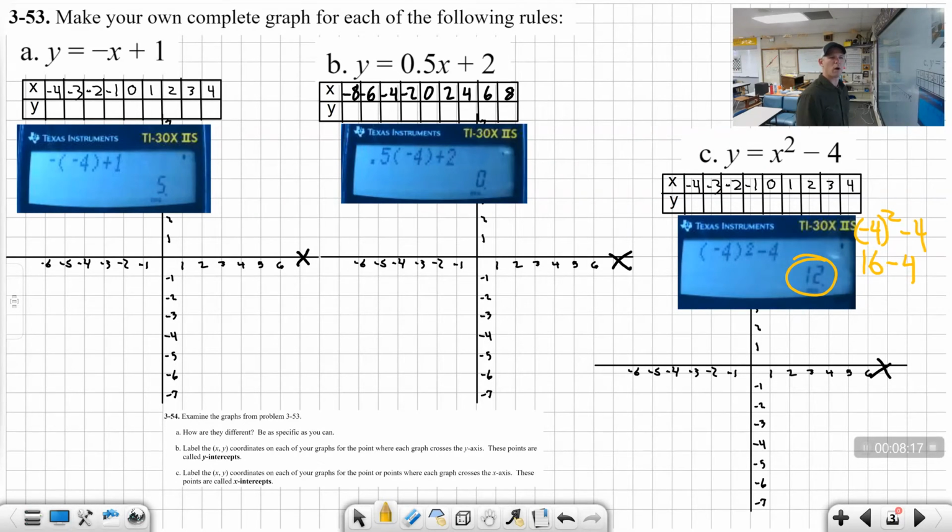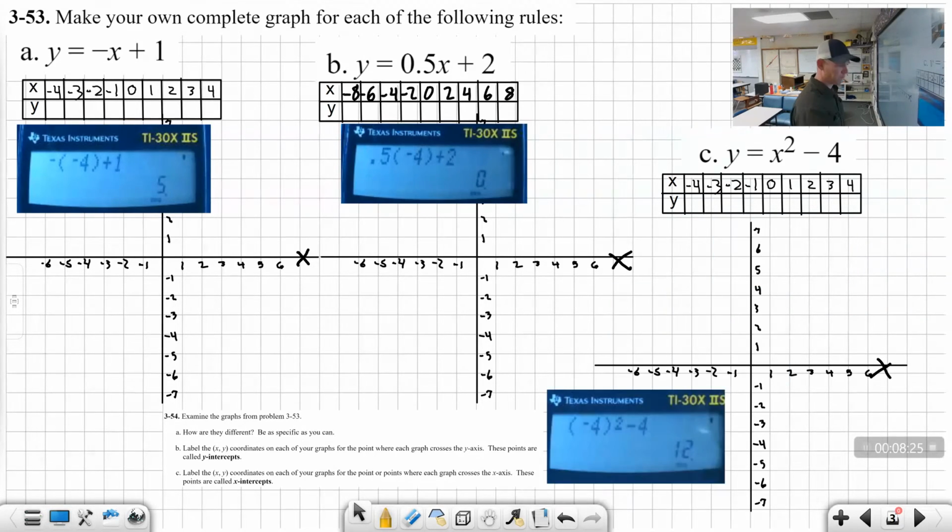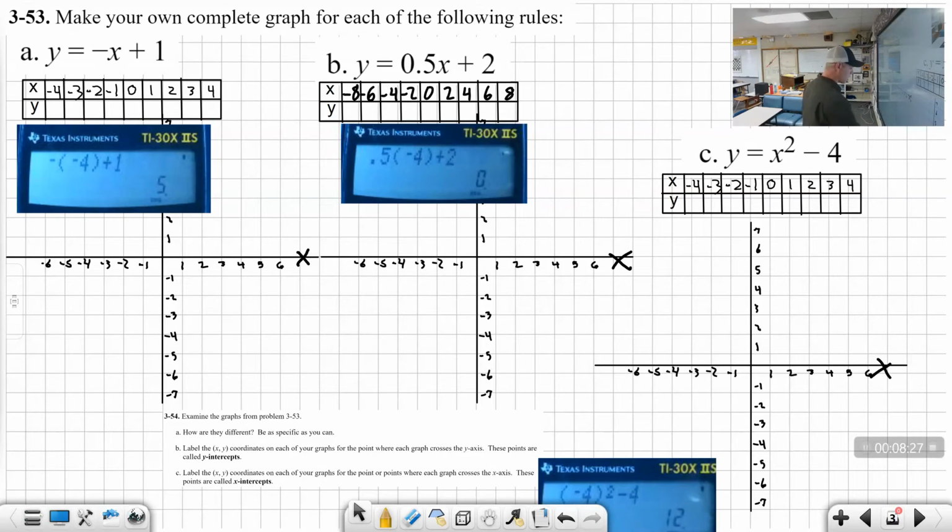That's how I got the answer of 12. Okay. Now that's all the math that we're doing. And we're going through this each time. And we're going to mark our values down. Now my table has larger numbers than yours do. That's okay. I continue with the math.